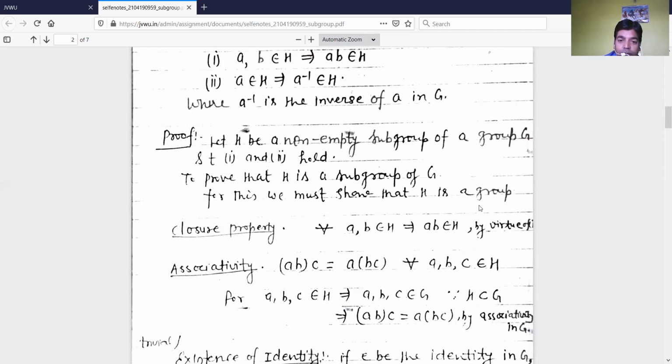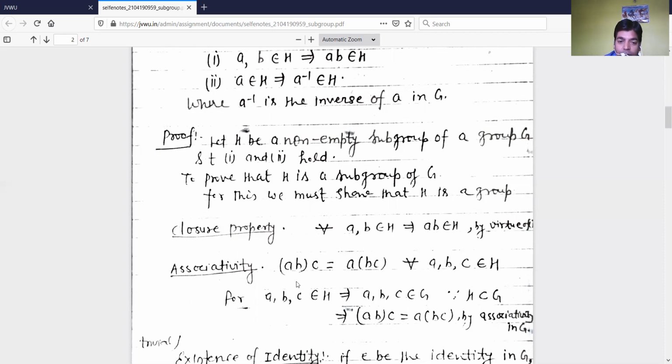Why are we saying we shall show the following properties? Because by the definition of subgroup, if H is a subgroup, then H must be a group itself. The first property is the closure property: for all a, b belongs to H, ab belongs to H by virtue of the first property.